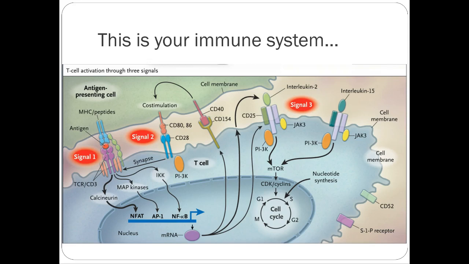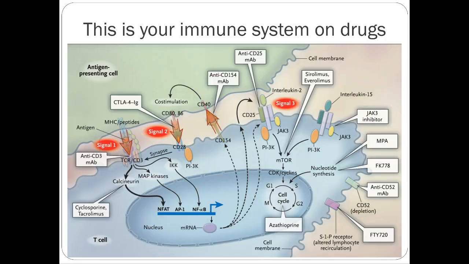And by doing that, we can therefore suppress the response of the body's immune system, which can be beneficial in lots of different situations. This is just that same picture, but it shows you all the different drug targets that exist currently on the market. There's a number of other ones too, but that just covers some of the basics.